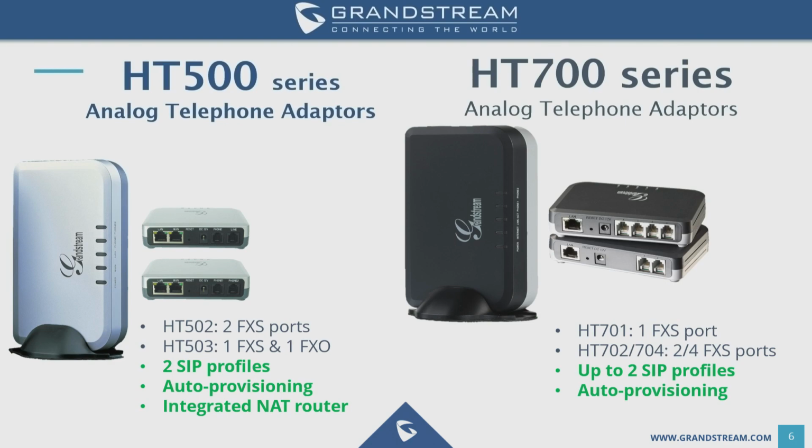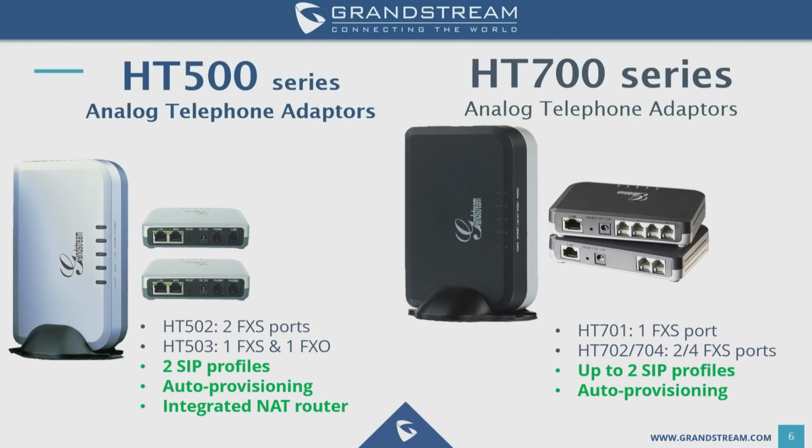Great for anyone not super tech savvy because of how easy it is to install. The other devices that we have, as I mentioned, are still available through distribution. Many of these we're still manufacturing as well. The HT700 series and the 800 series are very much similar. I believe the only real differences are that the HT800 series can support HD audio.